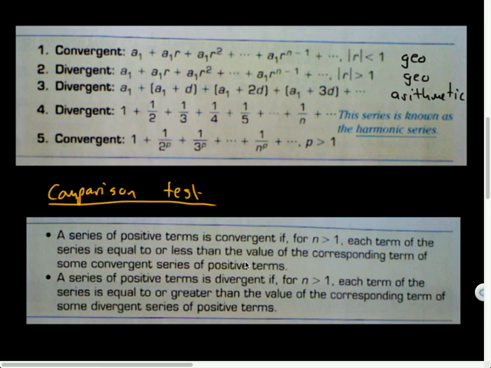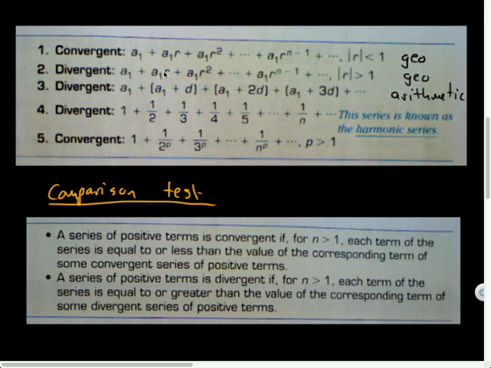If all of its terms, for at least the terms bigger than the first term, are bigger than an already known divergent series' terms, then it must also diverge. And if all of its terms are less than an already known convergent series' terms, then it must also converge. Basically, if my series is bigger than a divergent one, it's also going to be divergent.